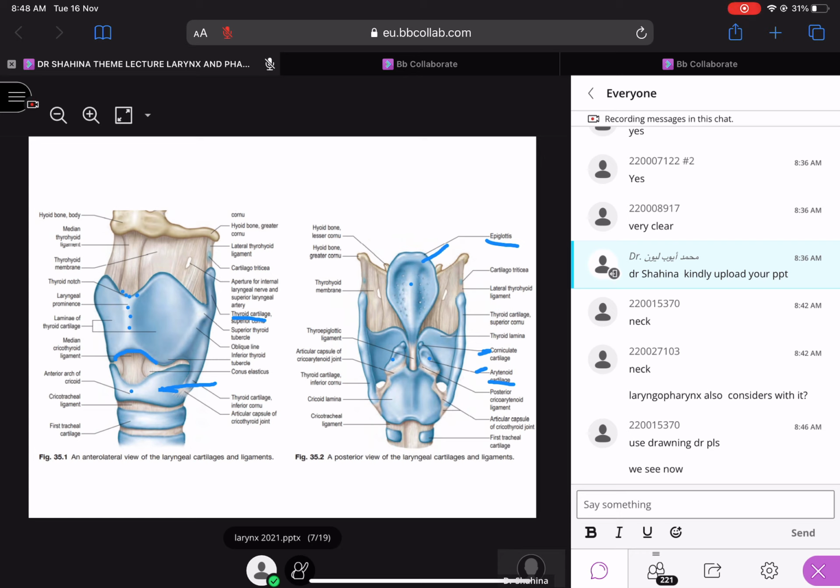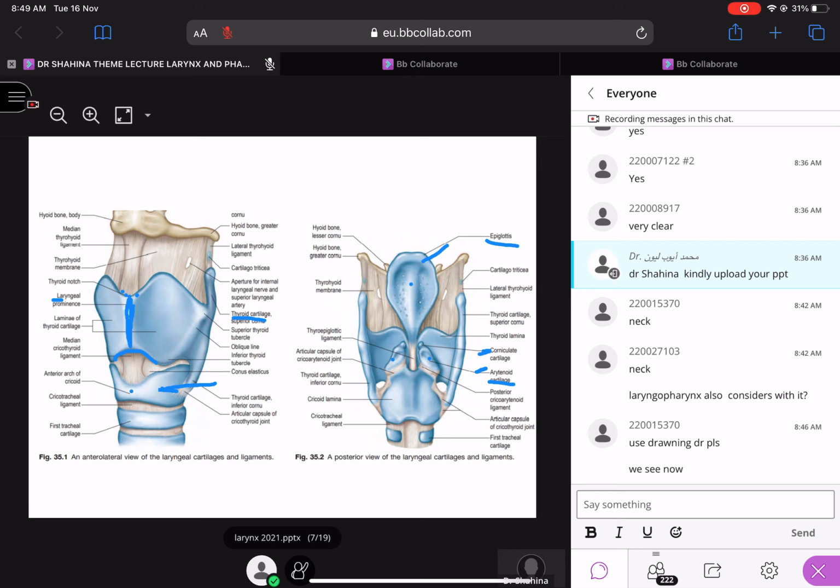Here you will see a quadrangular lamina. The two laminae fuse anteriorly in the midline, and when they fuse, they make an angulation here. This is called the laryngeal prominence, or the Adam's apple.